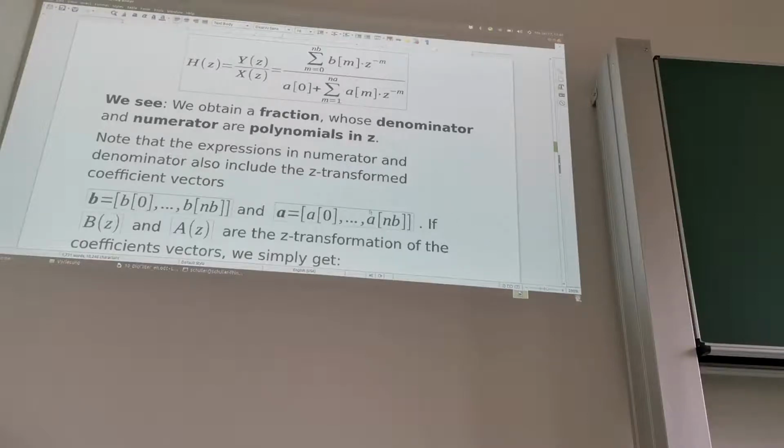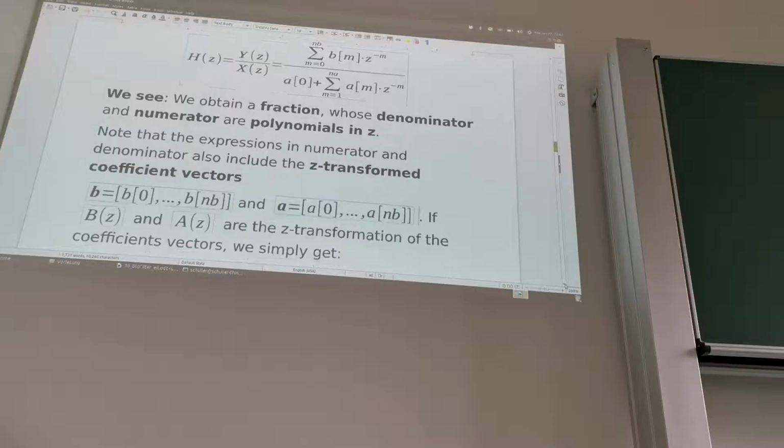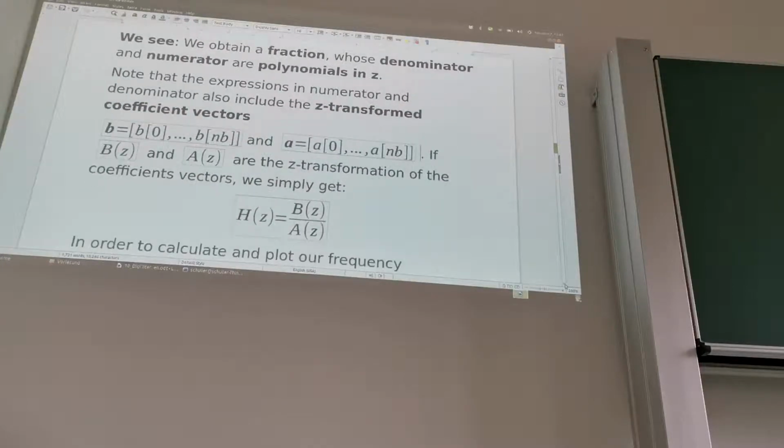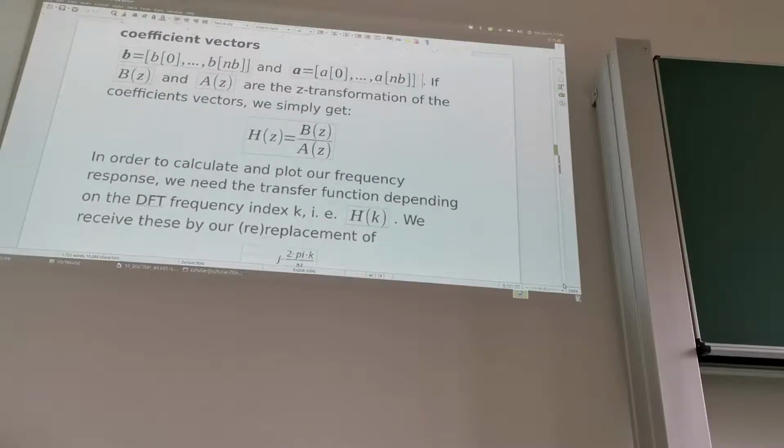Yeah, so Z transform coefficient vectors. So now we have B of Z and A of Z as the Z transforms, and this simplifies the transfer function again.